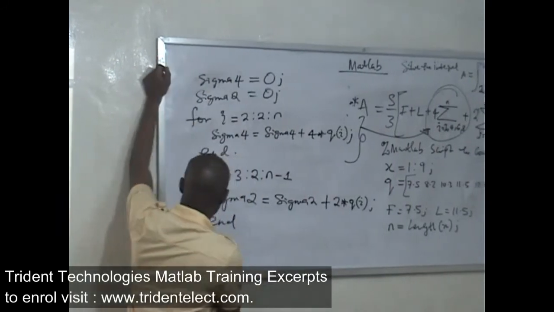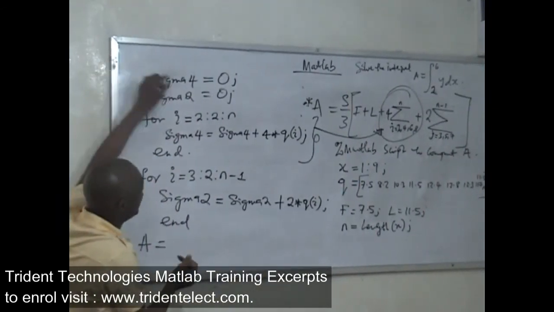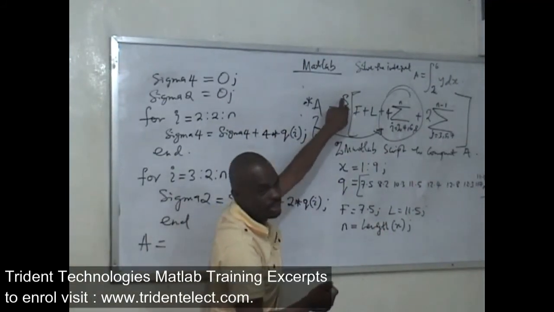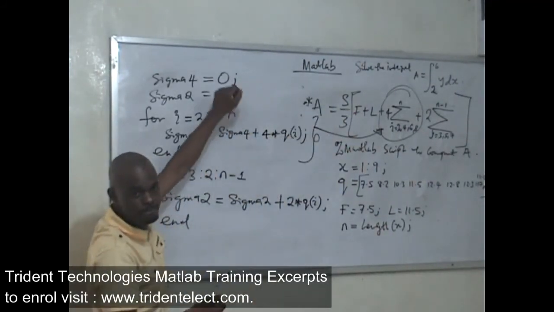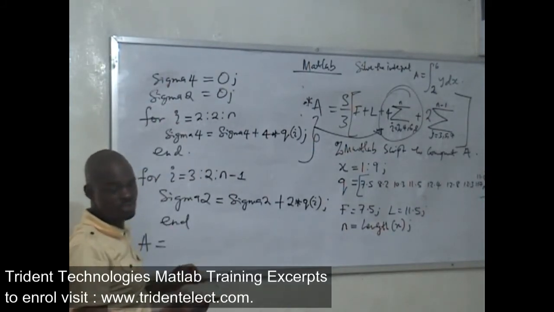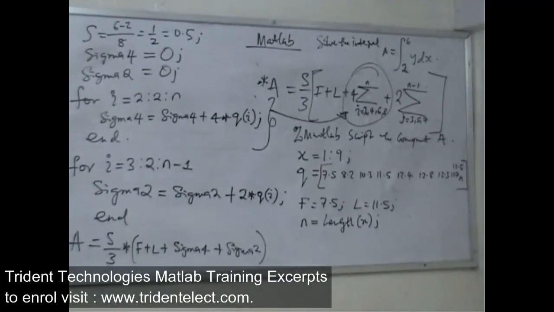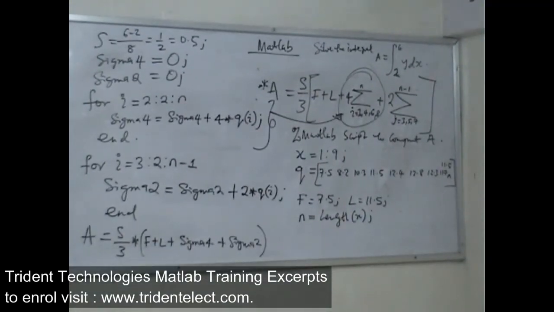Remember, this is Q, so I now compute A. So we now say A is equal to. Now remember S is the strip, is the width of the strip. So you're going to launch a script file in your Matlab window.